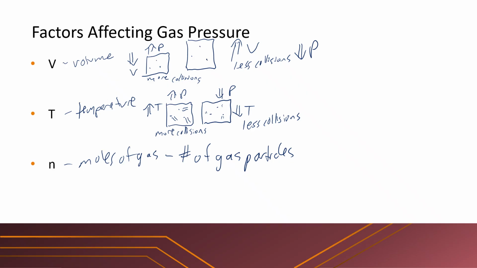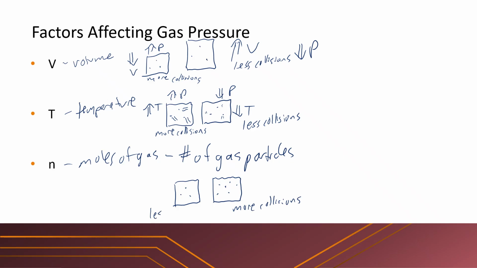Now for our third one, moles of gas, again, I'm going to use 2 containers of the same size. Let's say I've got 3 particles in the first container, but I've got 6 particles in the second container. Let me see if I can draw this a little bit more so you can tell that they're the same size container. The more particles you have, the more collisions are going to happen because there's more things to collide.